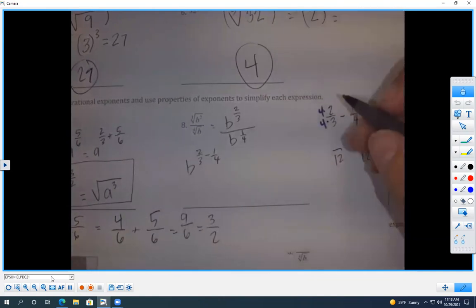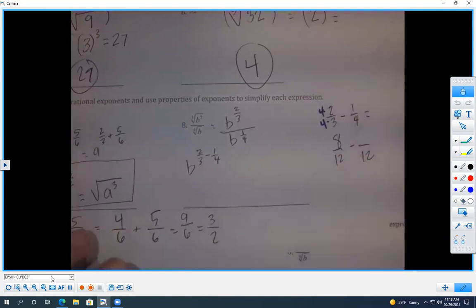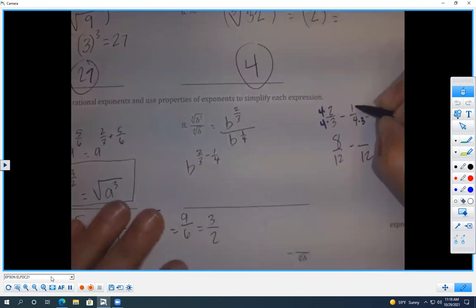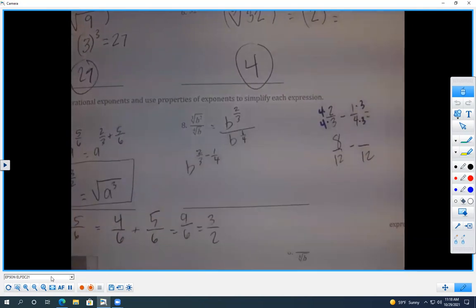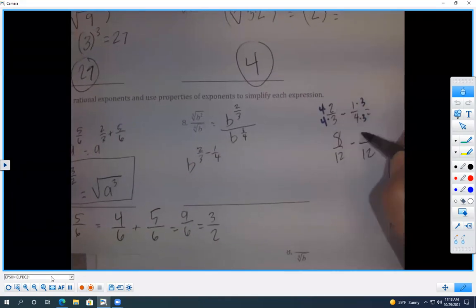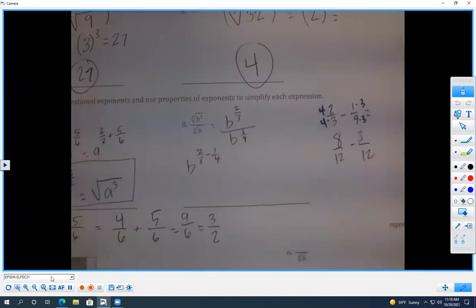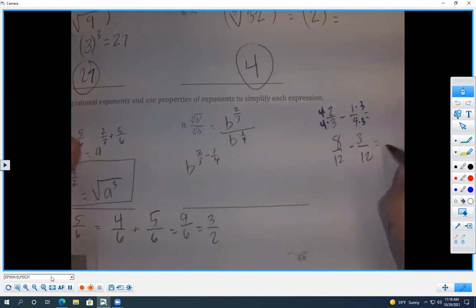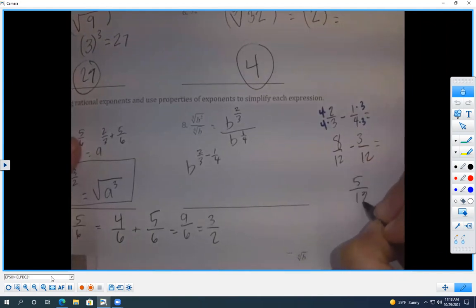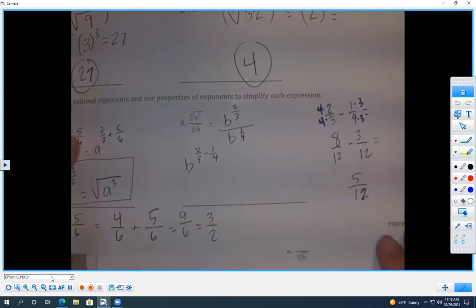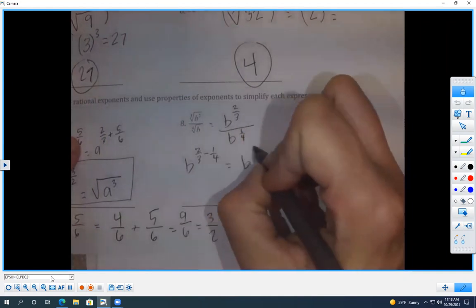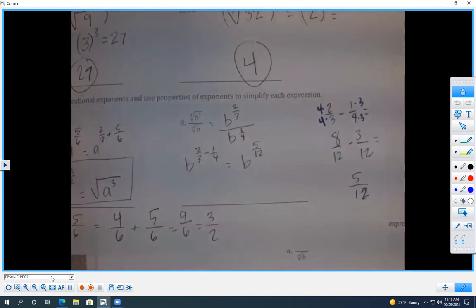And so I get 8/12. The way I turn a 4 into a 12 is by multiplying it by 3. So I get 3/12 there. And 8/12 minus 3/12 is 5/12. So this becomes b to the 5/12 power.